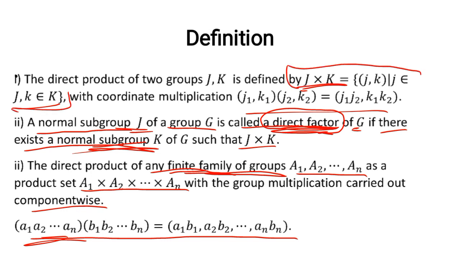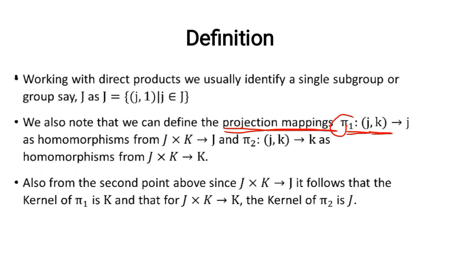That's where (j, k), the element, is from. If you pick any one from there, so we picked one. So now pi1 is what it's taking is a map, and it's called a projection mapping if it satisfies this condition: whenever it takes (j, k), it takes it just to j alone, as a homomorphism from J cross K to J. Then we have a projection mapping pi1.